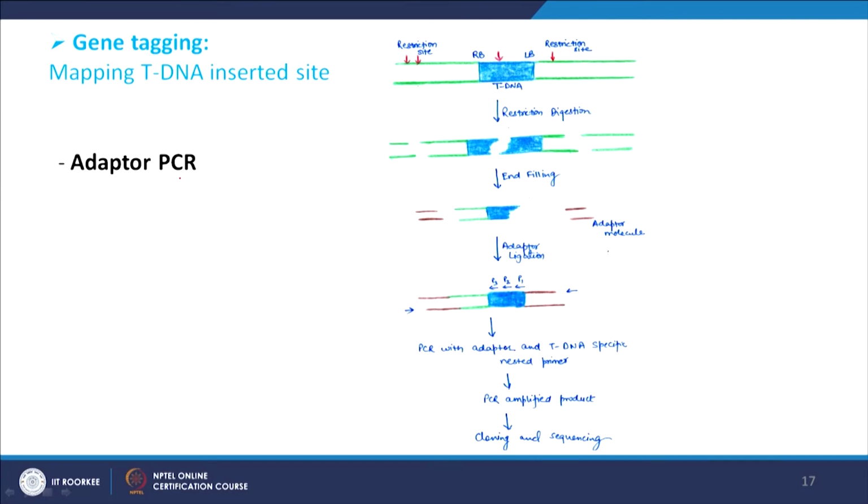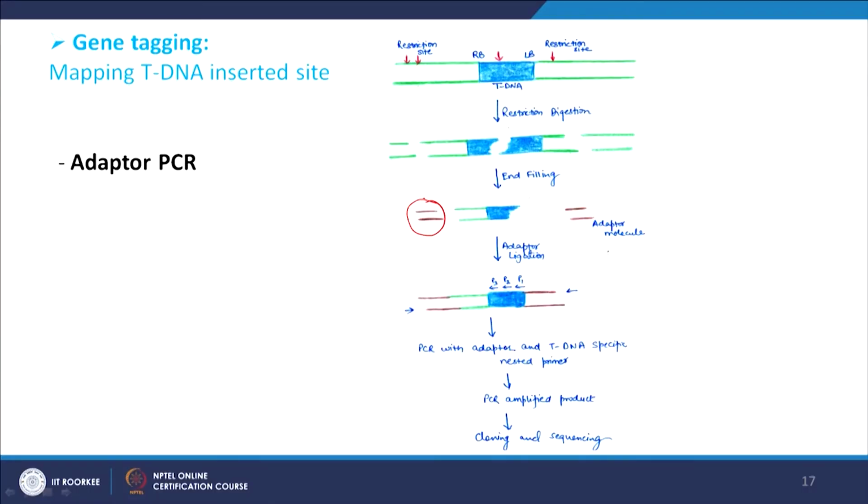Another technique which we use to map the site of insertion is adapter PCR. Adapter PCR is quite similar, but you digest with the restriction enzyme, and then you fill the ends depending on what kind of enzyme you are using. Are you using a blunt end restriction enzyme? But additionally, you add adapter molecules at both ends of these molecules.